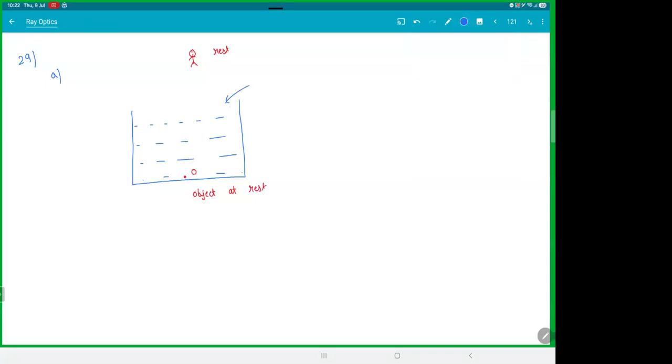Someone started pouring liquid into the container. The surface rises with speed v. So this liquid surface is going up with v. Find the speed of the object as seen by the observer.